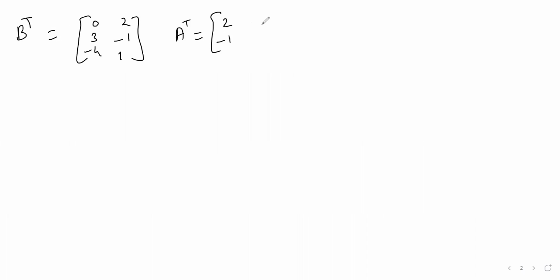Now you will have to find out B transpose. So B transpose will be 0, 3, minus 4, 2, minus 1, 1. A transpose will be 2, minus 1, 3, minus 2, 4, 1.